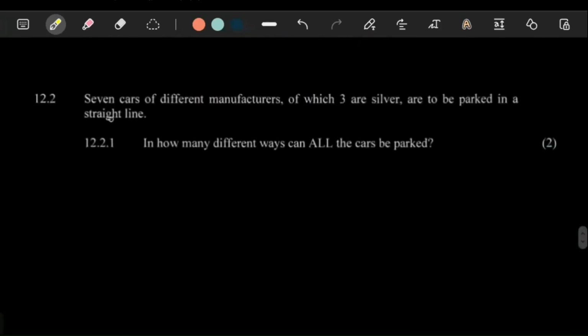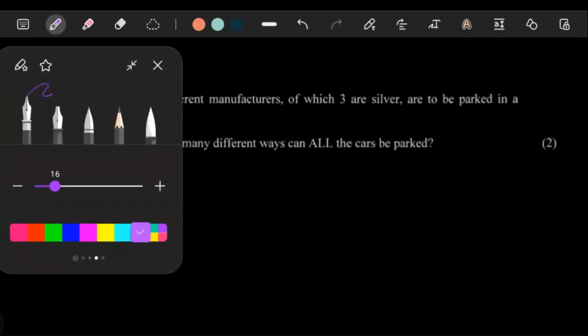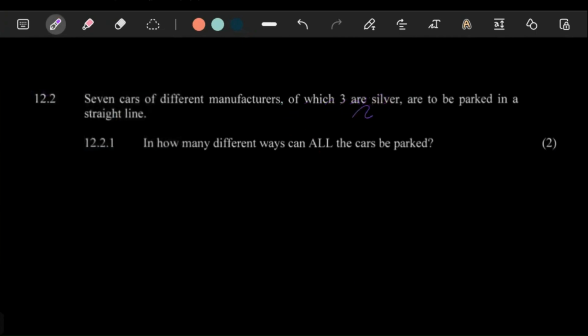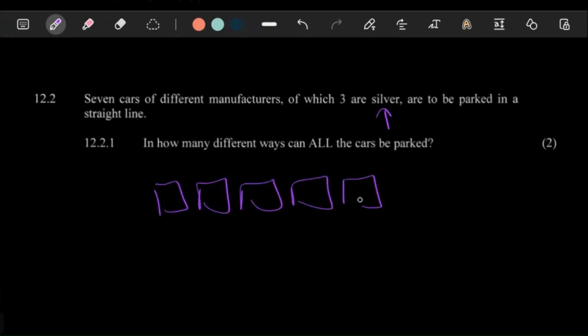12.2 says 7 cars of different manufacturers, of which 3 are silver, are to be parked in a straight line. In how many different ways can all the cars be parked? If it's 7 cars, they can be parked in 7 factorial ways because you have 7 options here, then you have 6, 5, 4, 3, 2, 1.